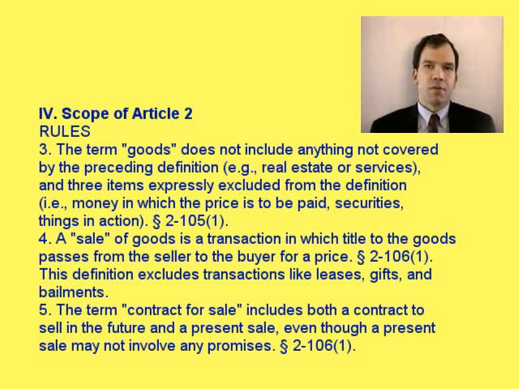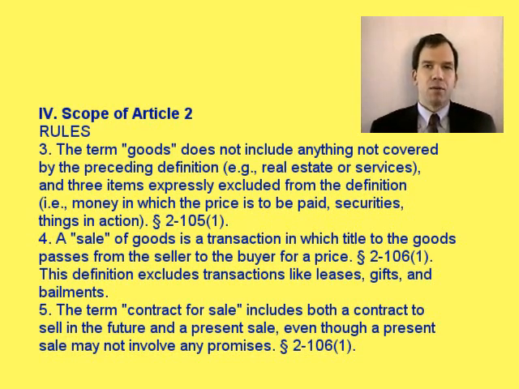The term contract for sale includes both a contract to sell in the future, where one party might promise to pay in the future, or another party might promise to ship or make goods available in the future, and also a present sale, such as an over-the-counter sale, even though in a present sale the parties might not be making any promises to do something in the future.